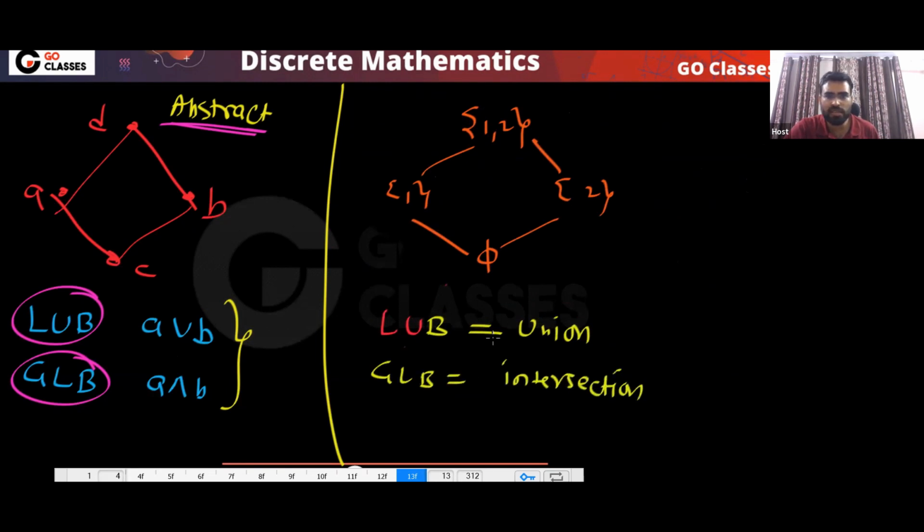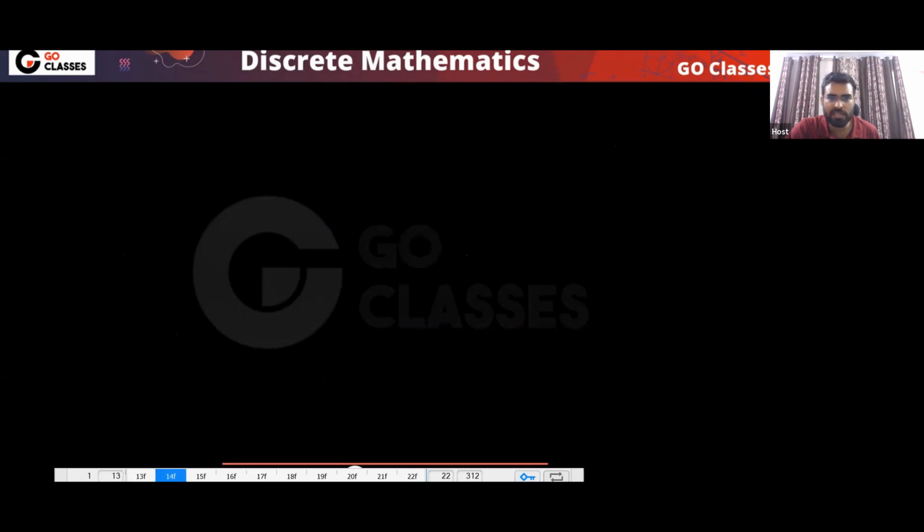So you can notice that they are changing their name. LUB, GLB are abstract concepts, and because they are abstract, they change their name according to the specific structure. This structure is specific, and this is the abstract structure. The same thing you can do here.